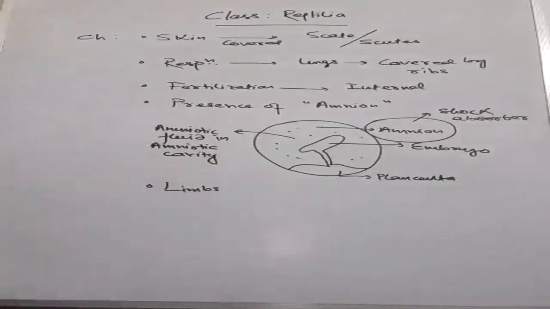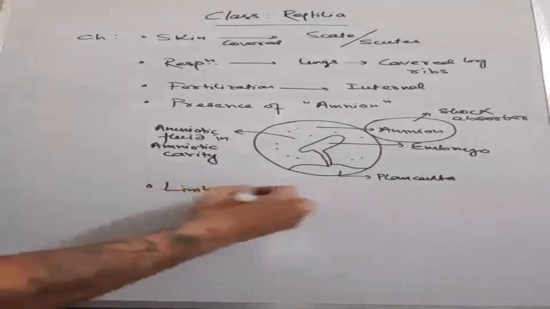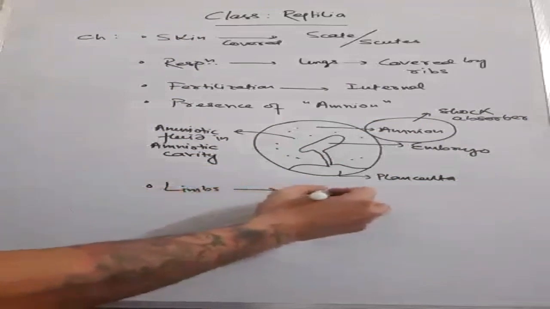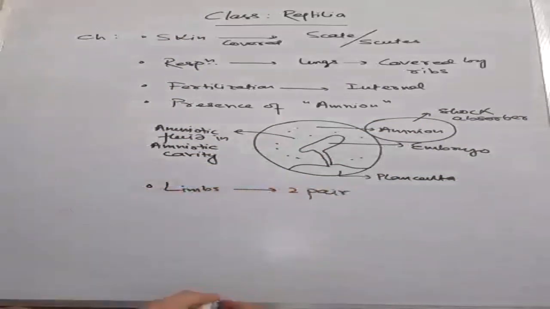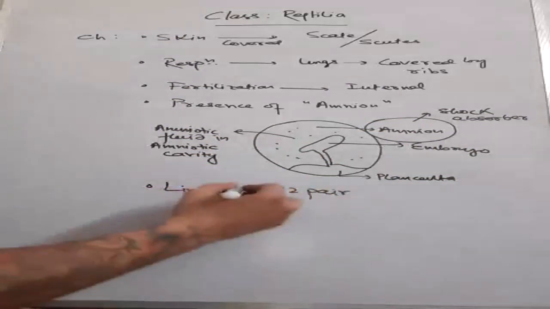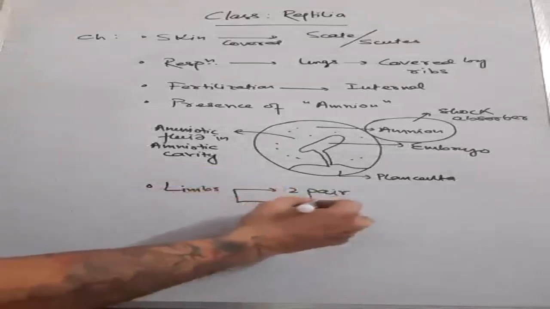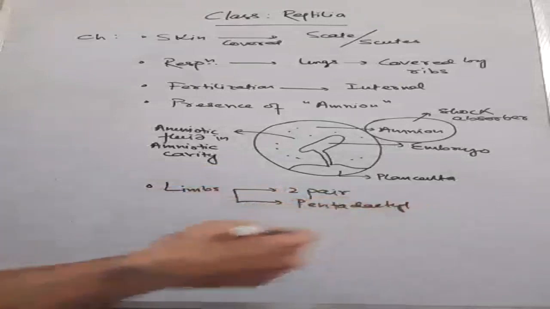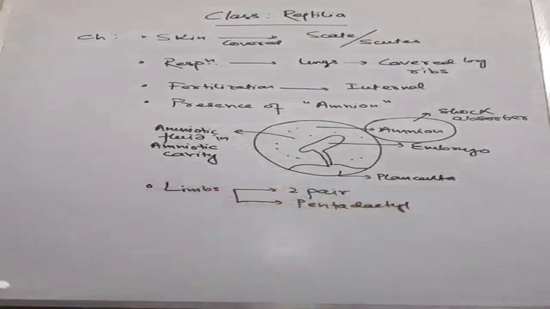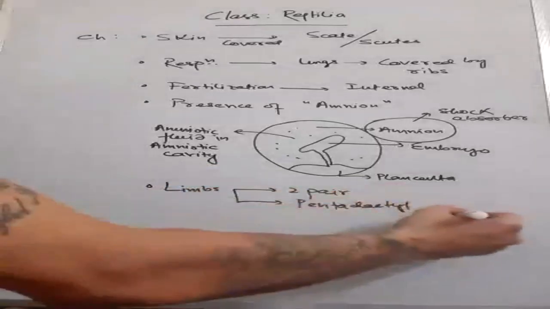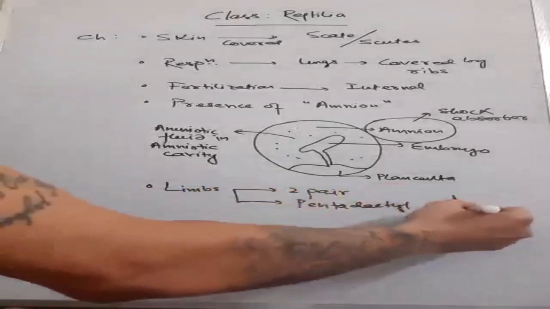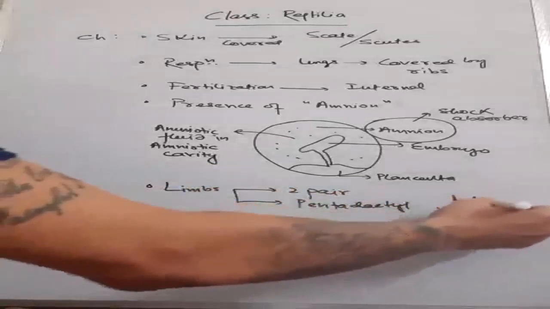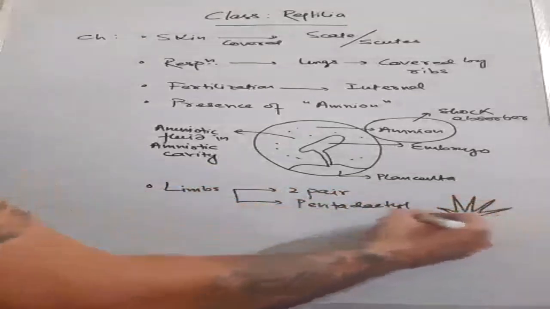Now when we talk about the limbs, the limbs are two pairs, but that is a very common character. There are two pairs of limbs. These limbs are pentadactyl. What do you mean by pentadactyl? Pentadactyl means there will be 5 digits in their limbs. 1, 2, 3, 4, 5.